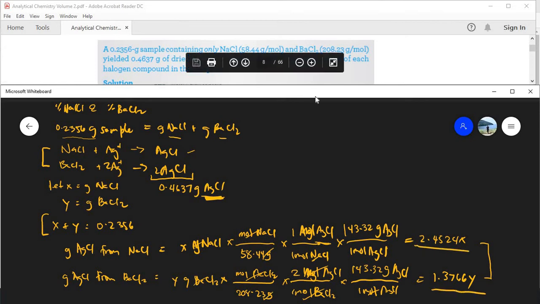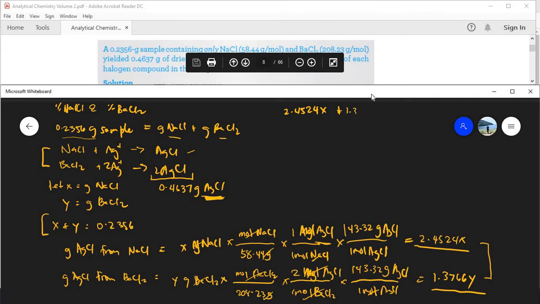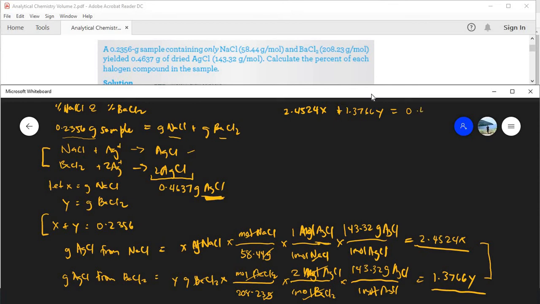So 2.4524x plus 1.3766y should be equal to the total mass of AgCl.